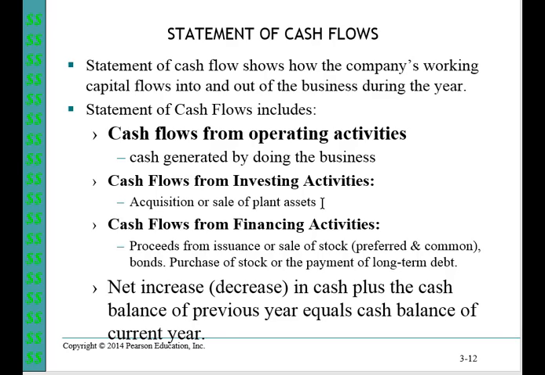And in the end, we also have to answer questions about financing. How did we pay for running this business for the year? Where did the cash come from to help us by buying assets or selling assets? And how did we get that money back to our owners, to our creditors? So there's a cash flows from financing activities.